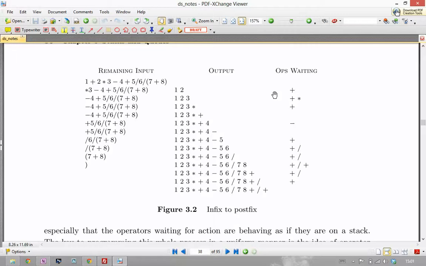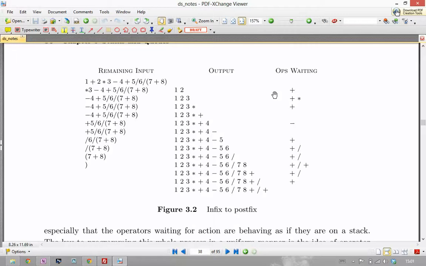Then we hit the 4, put it onto the num stack, or the output stack, whatever you want to call it. Then we hit the plus sign. The plus sign's going to pop the minus, right? Because they're equal precedence, left to right. And I'll just let you keep reading. Well, actually, no. Let's get to parentheses, because we haven't talked about parentheses. So where are we? We're at the plus sign, which just popped the minus sign.